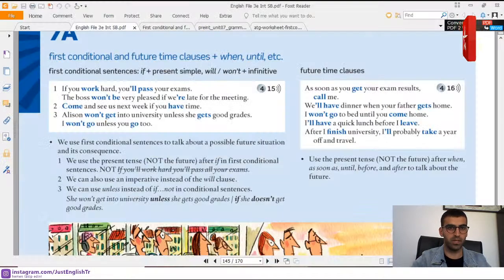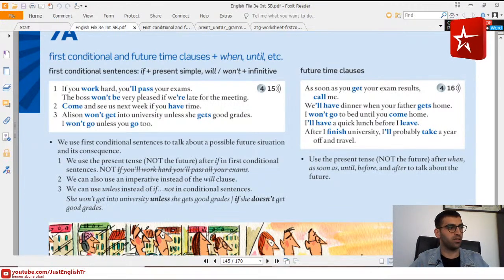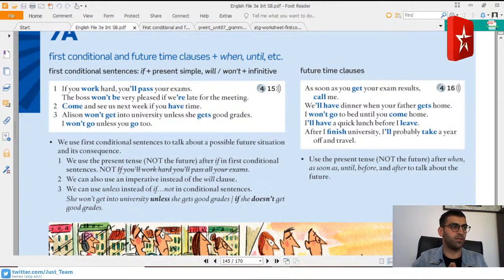If you are ready, I'm going to start explaining the grammar: which tense we will use for first conditional sentences and why we need them.